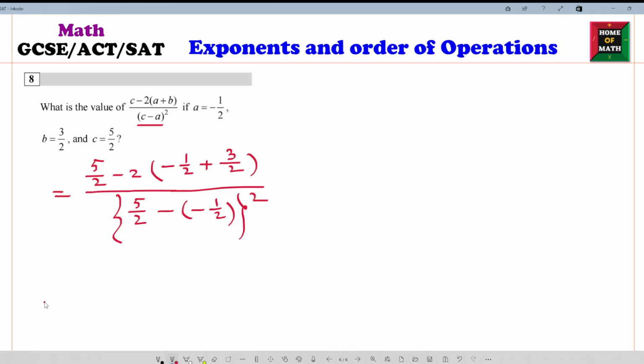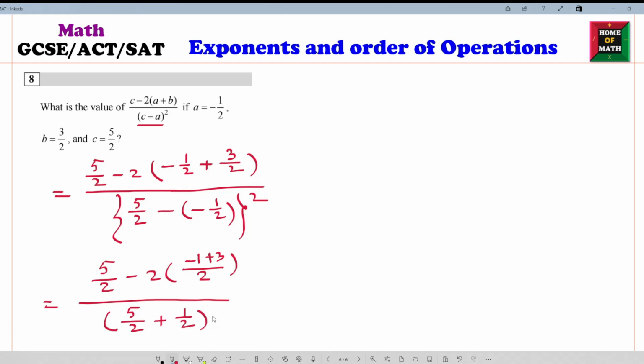Okay, now 5 divide 2 minus 2, and in this one we can make the LCM, so 2, here is minus 1 plus 3, bracket close, here 5 divide 2 minus and minus, it will become plus, and here is 1 by 2 whole square.